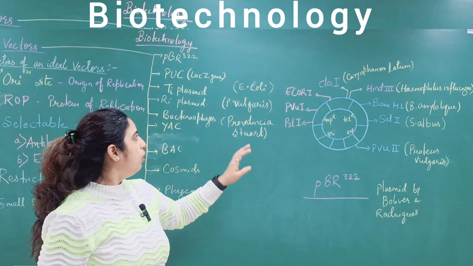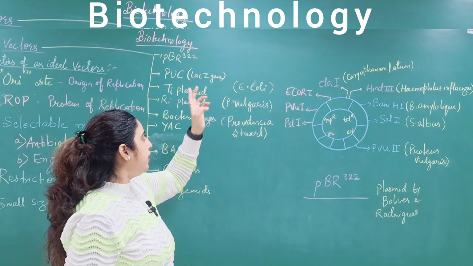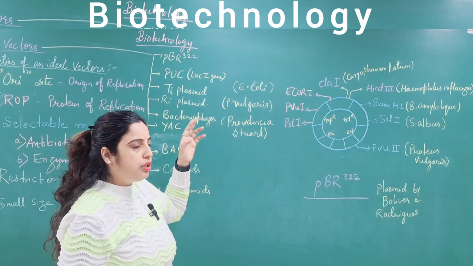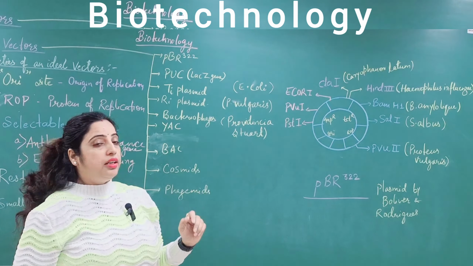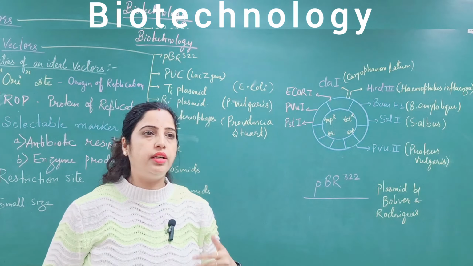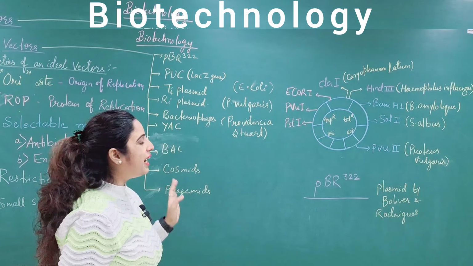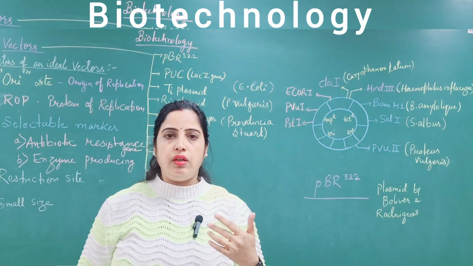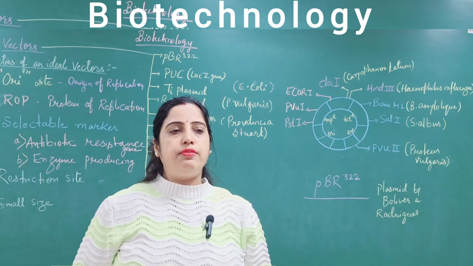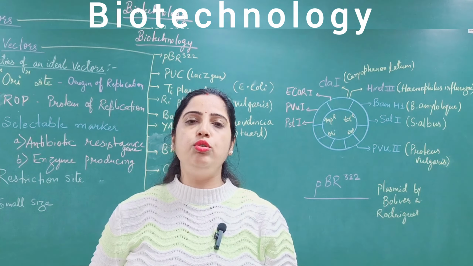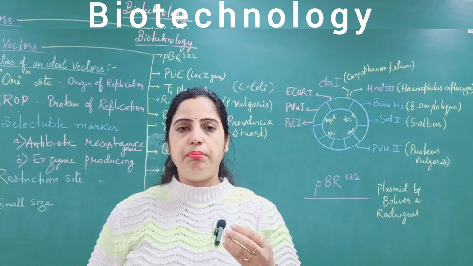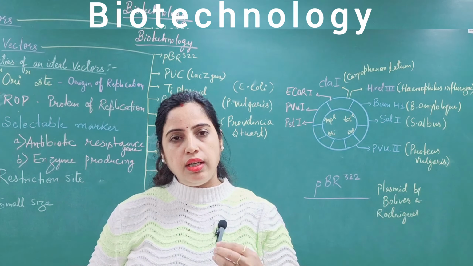So, Ti plasmid is tumor inducing; there is another, Ri plasmid as well, root inducing plasmid, and then we have bacteriophages. Bacteriophages, since lower classes you must have studied that. Bacteriophages means what?